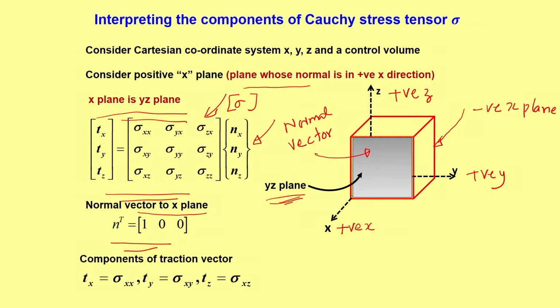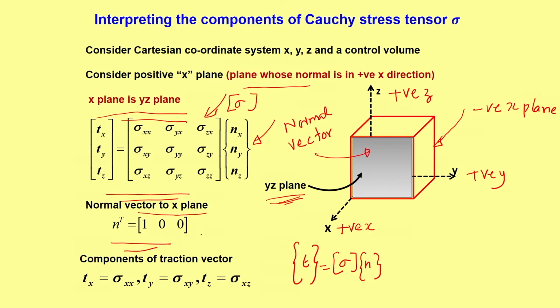Now, what are the components of traction vector Tx, Ty and Tz? You already have this to be, that is Tx, Ty, Tz is equal to sigma n.